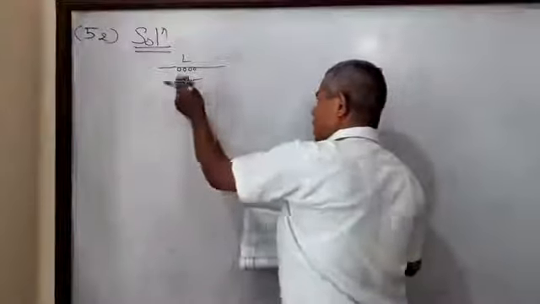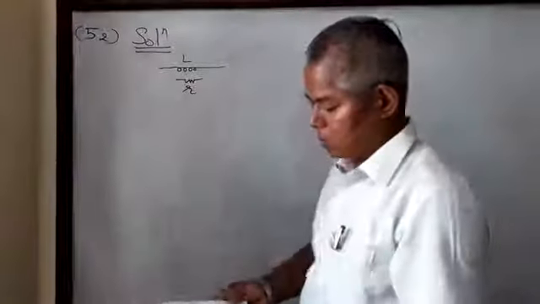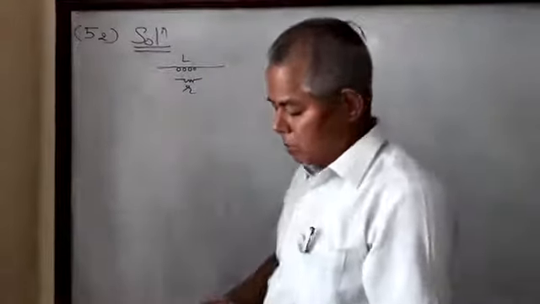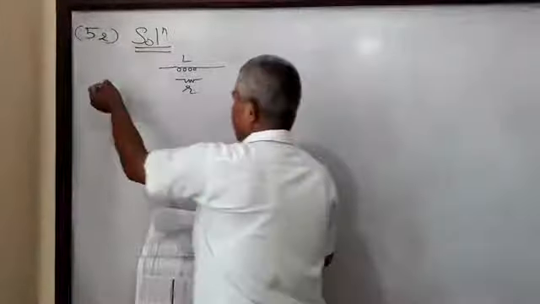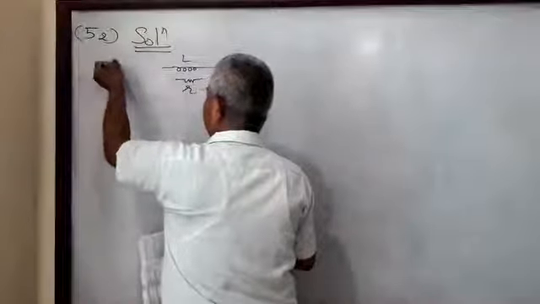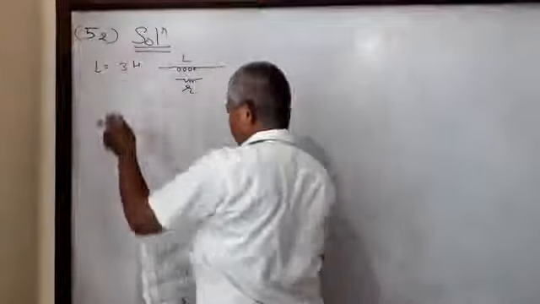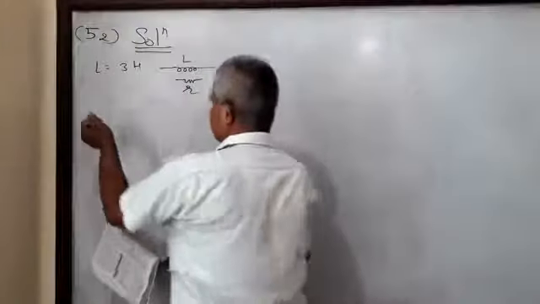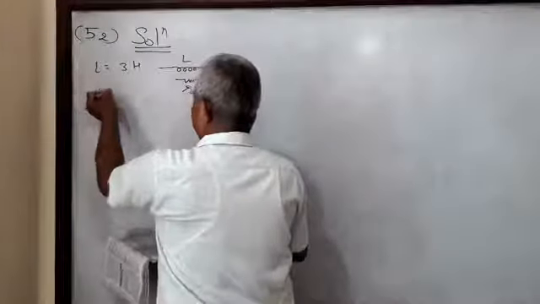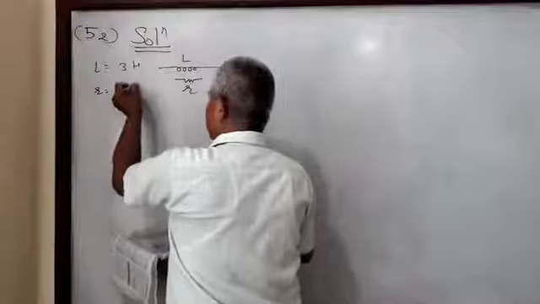R as well as L both are given to us, and L has value 3 Henry and small r has value 50 ohm. The internal resistance has value 50 ohm.